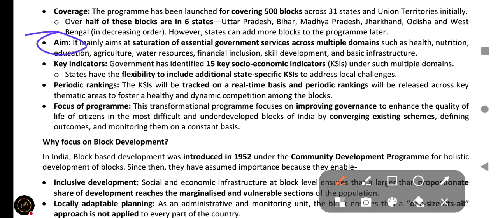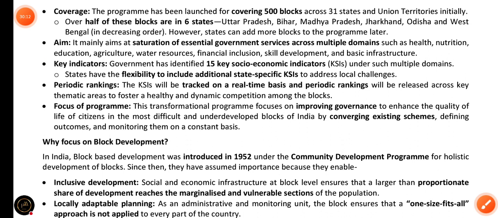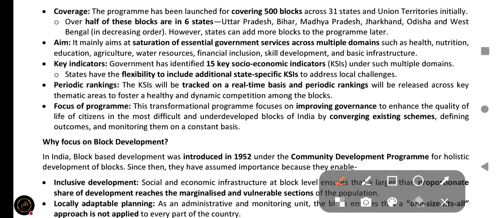Aim is mainly at saturation of essential government services across multiple domains such as health, nutrition, education, agriculture, water resources, financial inclusion, skill development, and basic infrastructure.